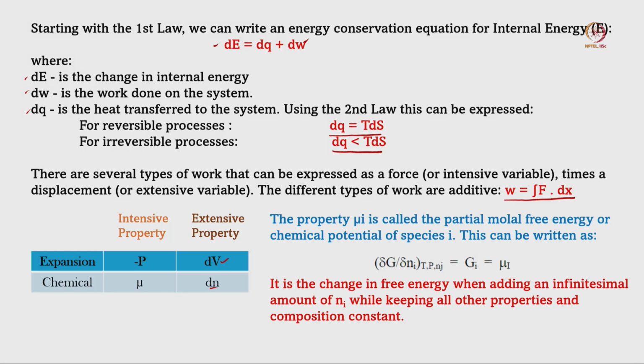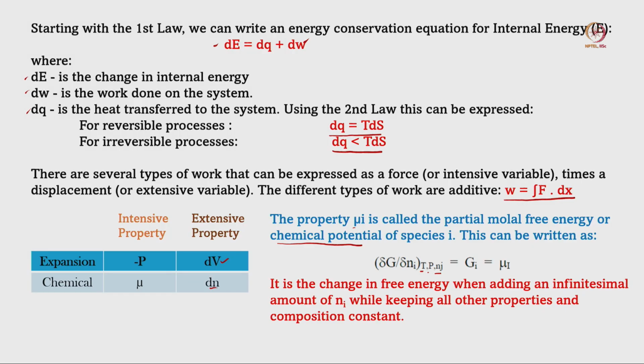The property mu i is called the partial molar free energy, or the chemical potential of a particular species. More commonly we call it the chemical potential of the species, and it can be written as delta G divided by delta Ni at a particular temperature, at a particular pressure, and in the presence of other chemical constituents, that is Nj.